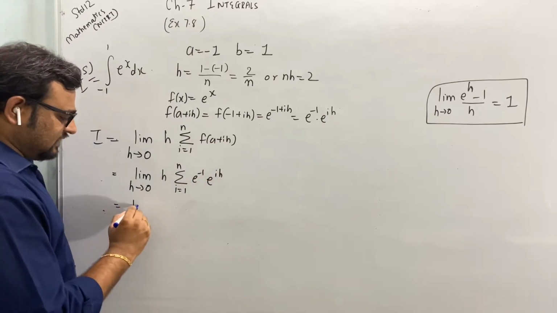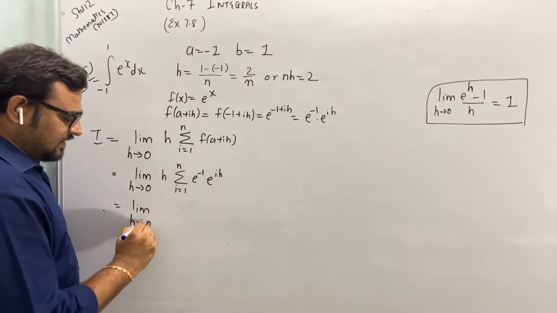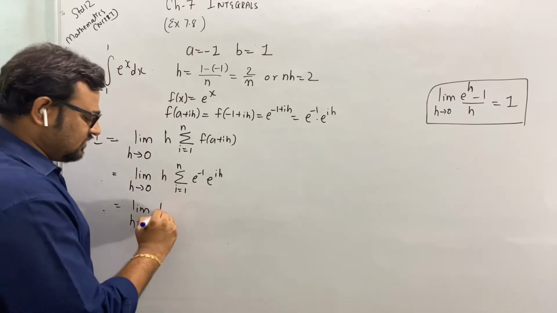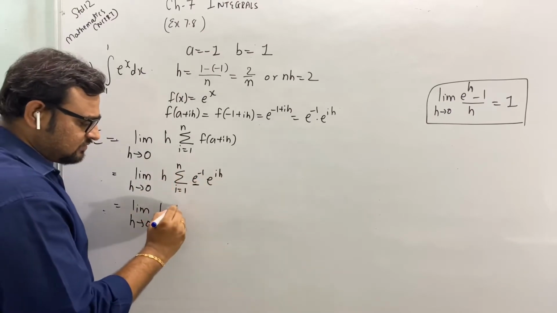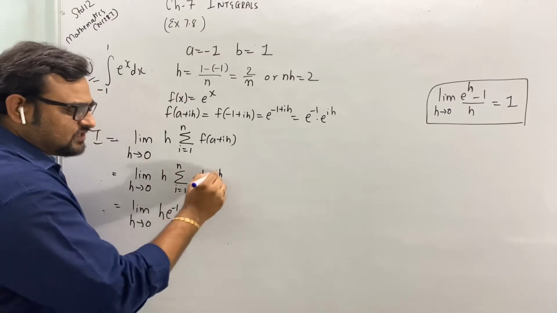So this will be limit h tends to 0, h e raised to minus 1, that is constant, times the summation of e raised to ih.